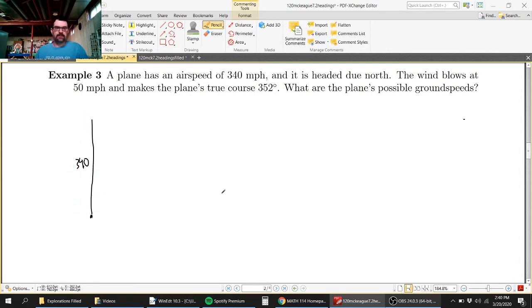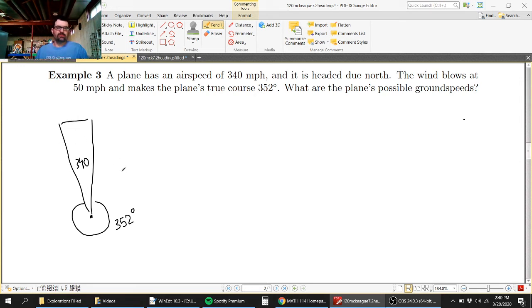Wind blows at 50 and makes the plane's true course 352. So 0 is straight north. 360 would be the same as straight north. 352 then means we wrap all the way around and come up 8 degrees short. So this is 352 degrees, and that's the direction the plane is actually going.